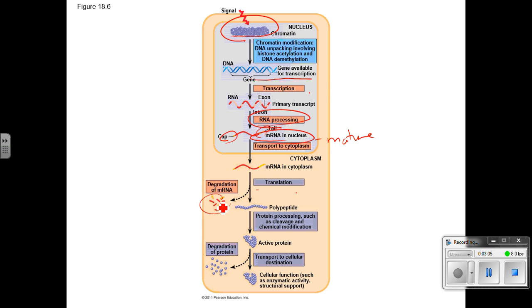No longer need the mRNA. It's translated into a protein. Actually, first it's translated into a polypeptide, which is just a string of amino acids. Remember that primary level of protein production. Then it's folded into an active protein, and then it's sent to do its cellular function. This is kind of a review of chapters 15 and 16.